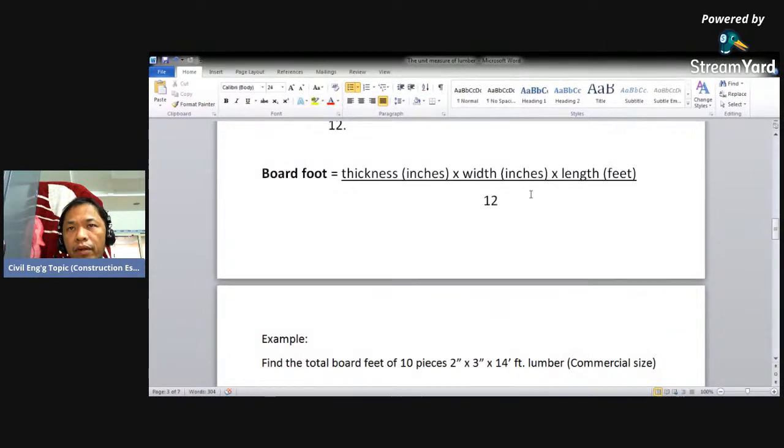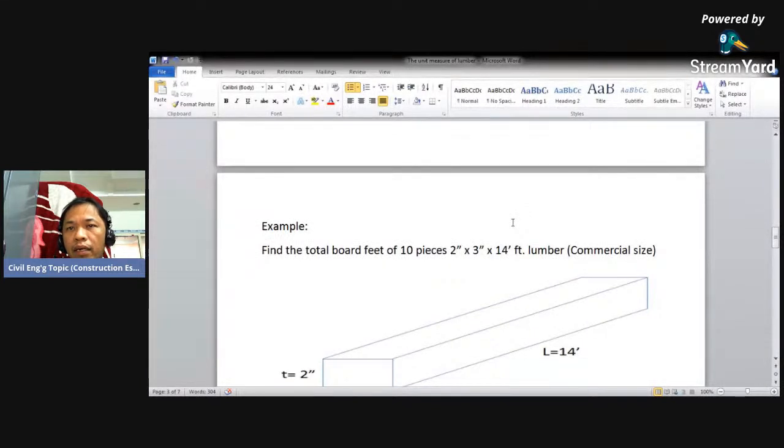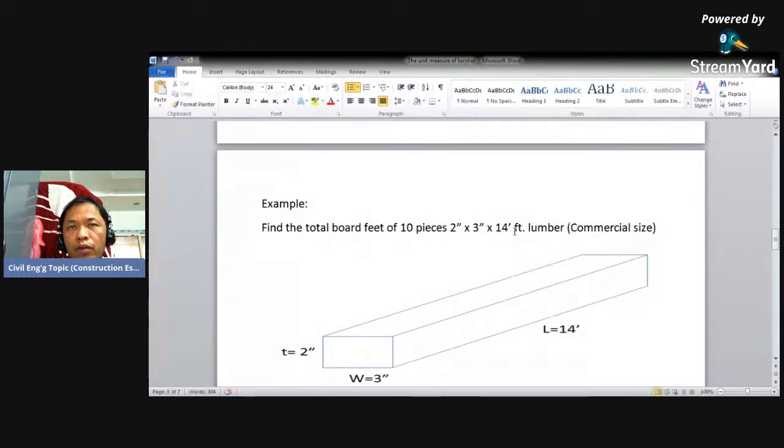So I will give you an example. Example, we'll buy commercial size lumber, and we'll go to the hardware, and we should know how to compute. It's very important, because maybe when we go there to request to buy the material, we can see and compute also.